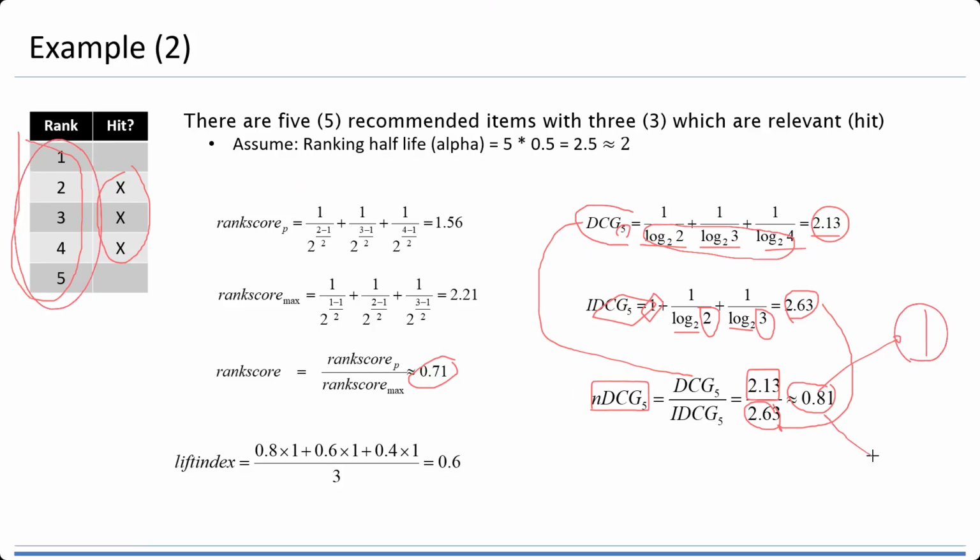If it is very low, let's say near 0, then the hit ratio is very low, or the hit happens in the lower rank. That's the meaning of DCG, IDCG, and NDCG.